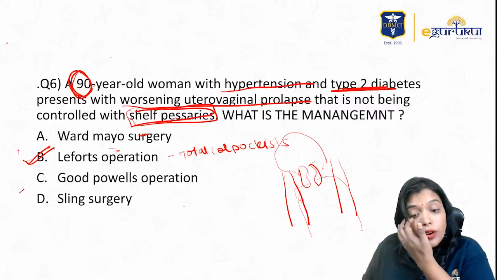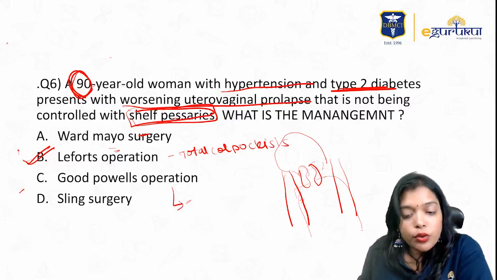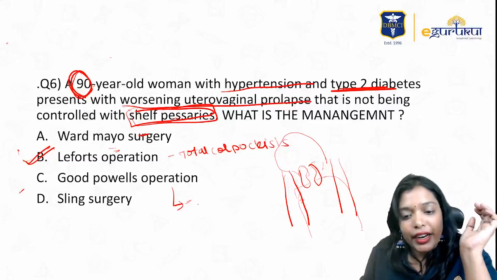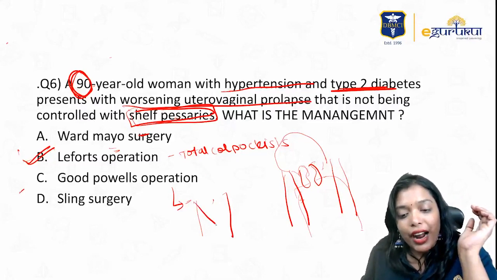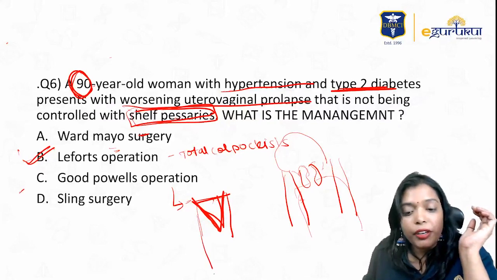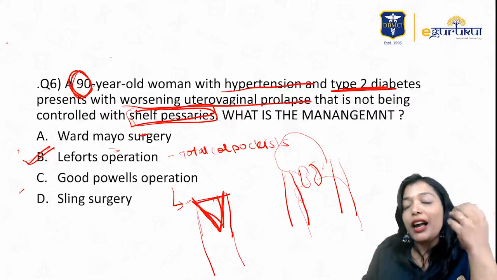Okay. We also have Goodall-Powell's operation. So Goodall-Powell's operation means you are also pushing the uterus and the cervix inside, but you are going to obliterate the anterior and posterior vaginal walls in a triangular fashion. You're not obliterating the entire vagina, only half of the vagina.